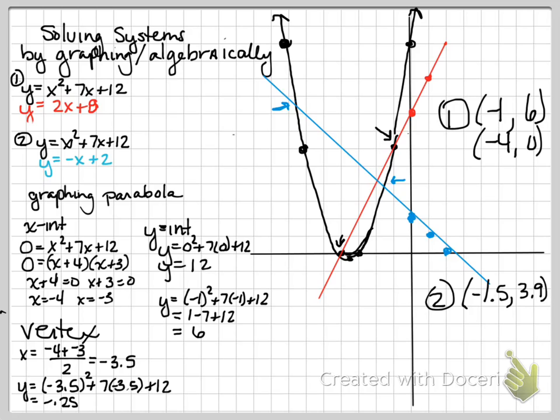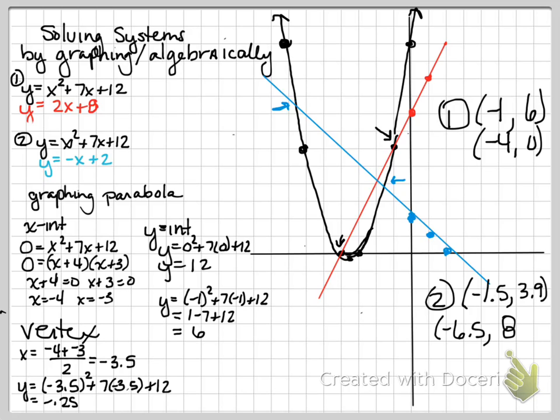And then the other point is maybe negative 6.5, comma, 8.4.